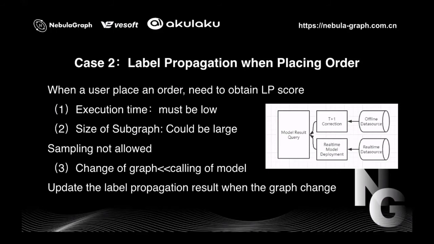So in this case, we decide to calculate the model score not when the user places the order, but when the graph is changed. And we actually separate the calculation of the model and the access of the score.